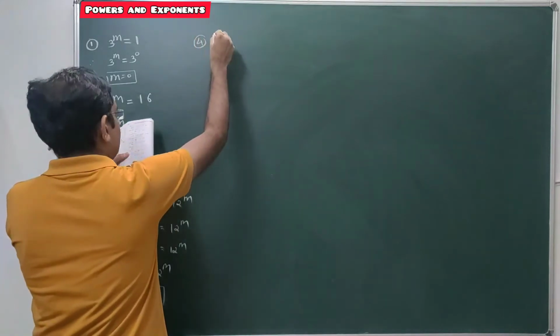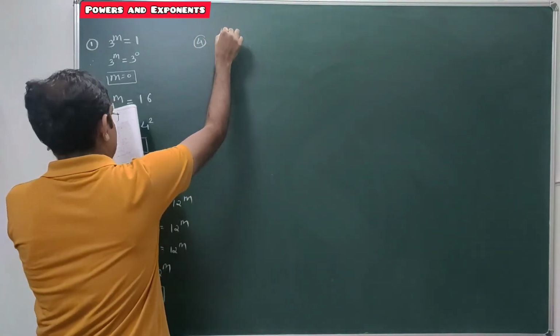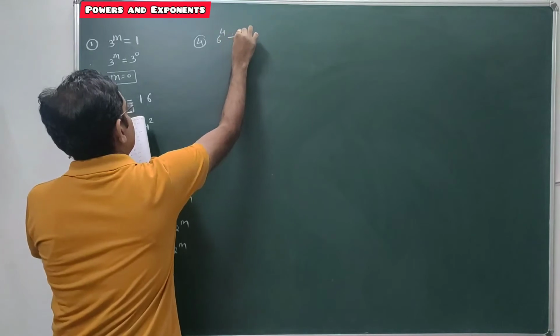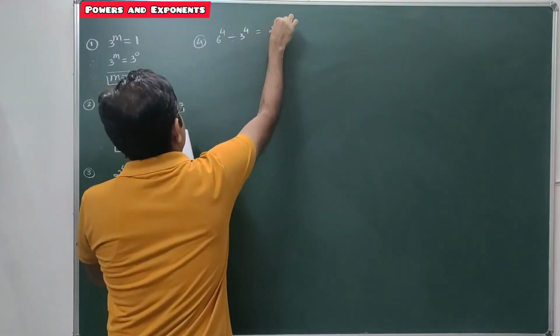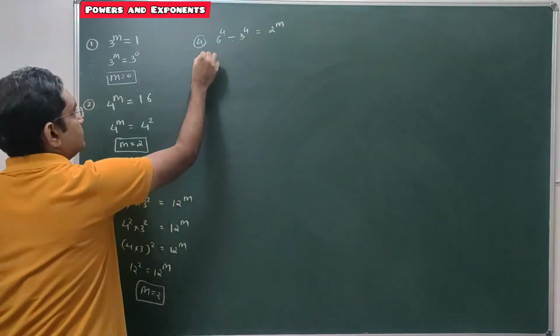Question number 4, 6 raised to 4 divided by 3 raised to 4 equal to 2 raised to m.